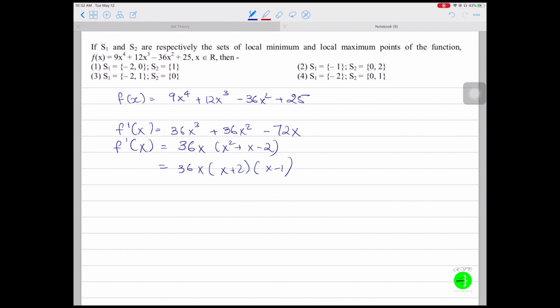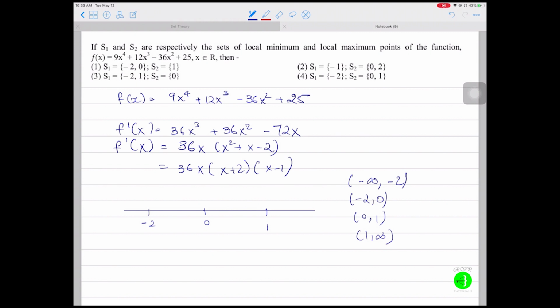This is a topic from the chapter application of derivatives, and the way we solve this is we draw a number line and mark the roots of this equation, which are minus 2, 0 and 1. The intervals we'll investigate are negative infinity to negative 2, from negative 2 to 0, from 0 to 1, and from 1 to infinity.